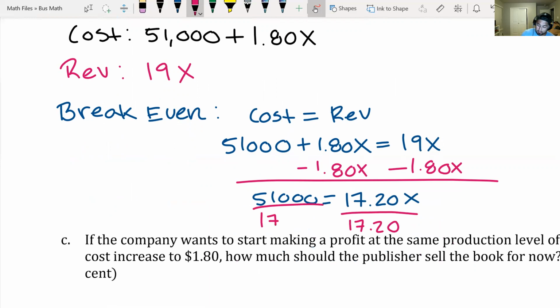And we will get x equals 2,965.1 books. And this says to round up to the nearest whole book.